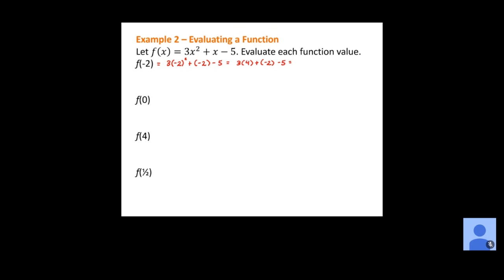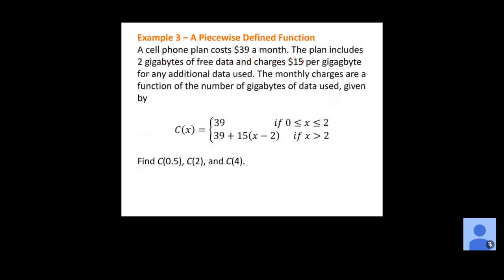Okay, what would be our next step in our order of operations? Good, we have to multiply, right? So 3 times 4, that's going to give us 12.